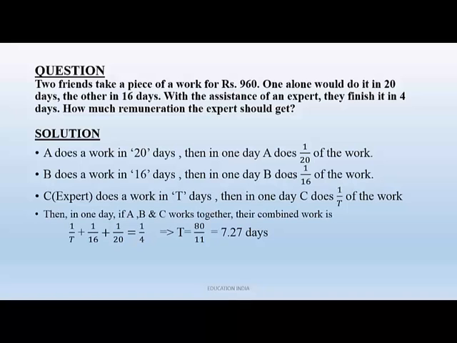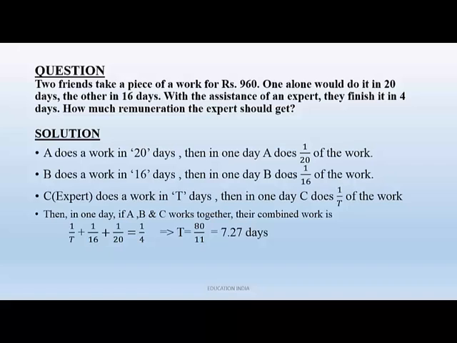Now what happens when A, B and C combine together? 1/T plus 1/16 plus 1/20 is the fraction of work done in 1 day. They complete the work in 4 days, so according to the question we have 1/4 as the combined 1 day's work.